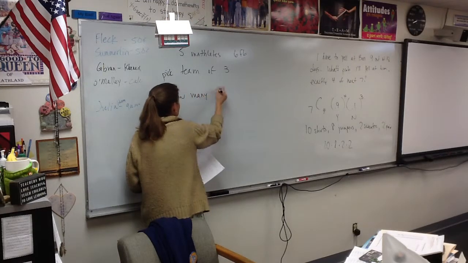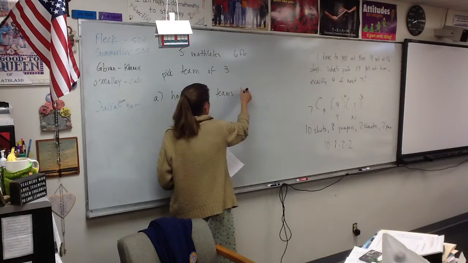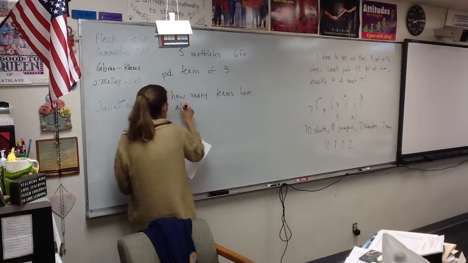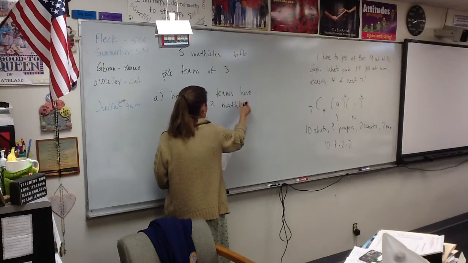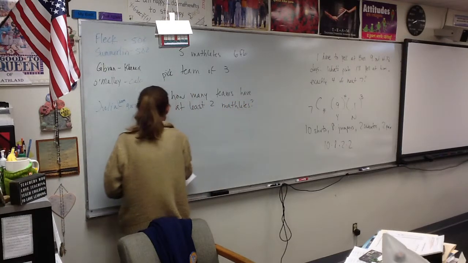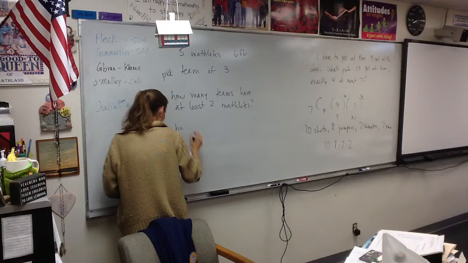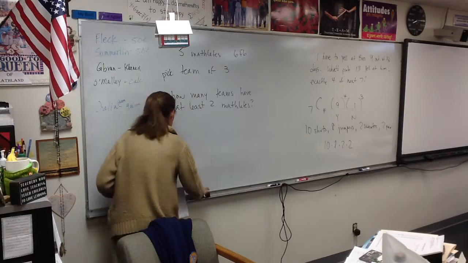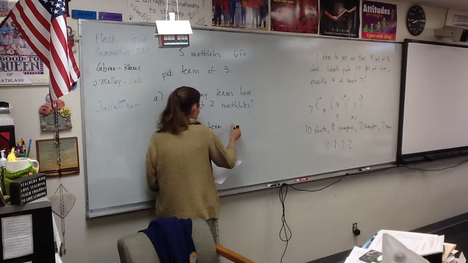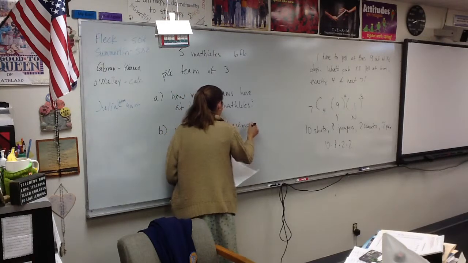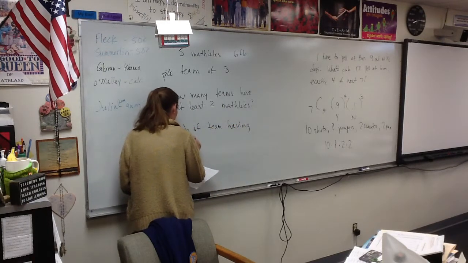How many teams have at least 2 mathletes? What is the probability of a team having exactly 1 mathlete?